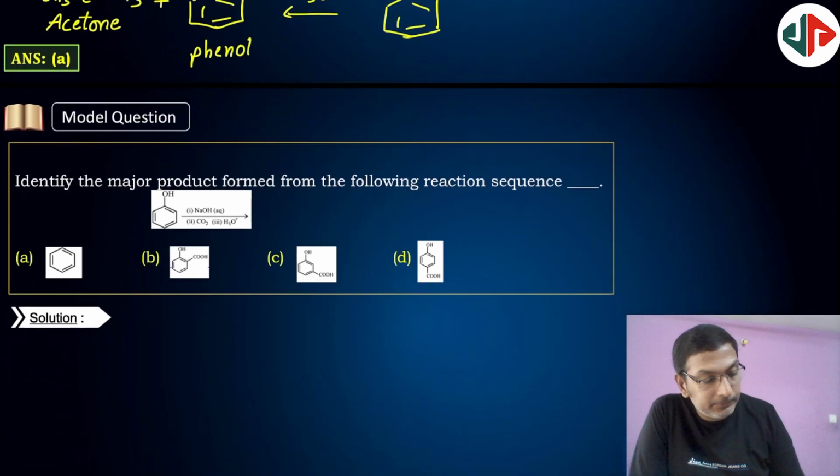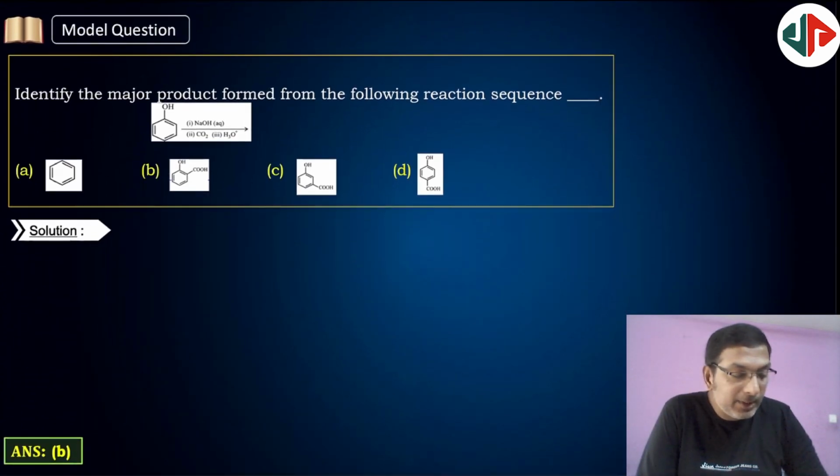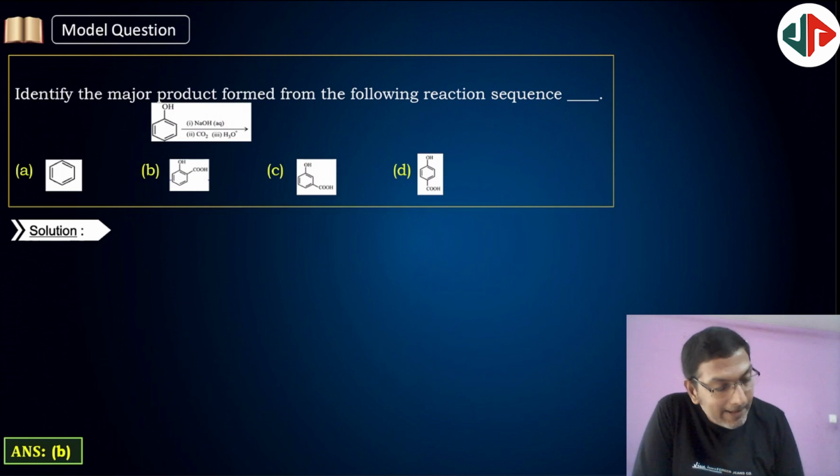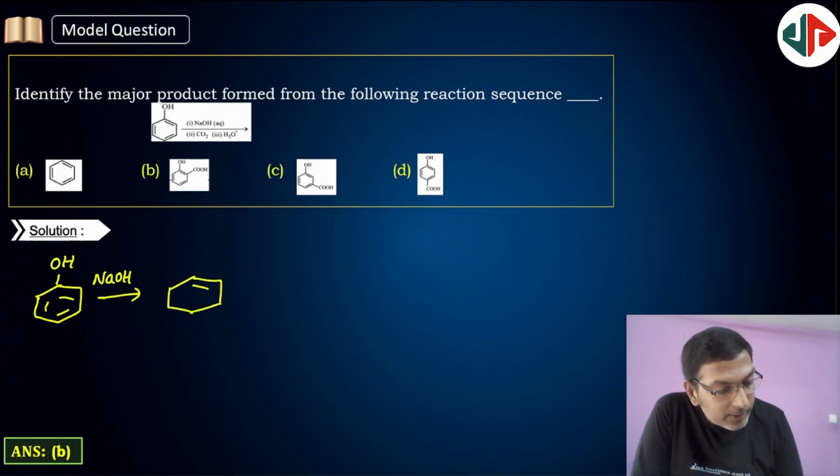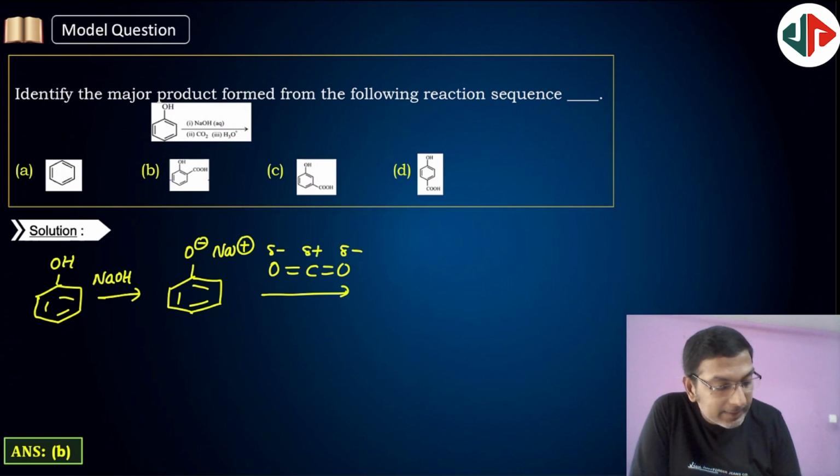Next. Identify the major product in the following sequence. The first compound is phenol. First reaction with NaOH. It gives sodium phenoxide, O minus and Na plus. Next, reaction with CO2. So delta minus and delta plus. Here the compound will be like this.